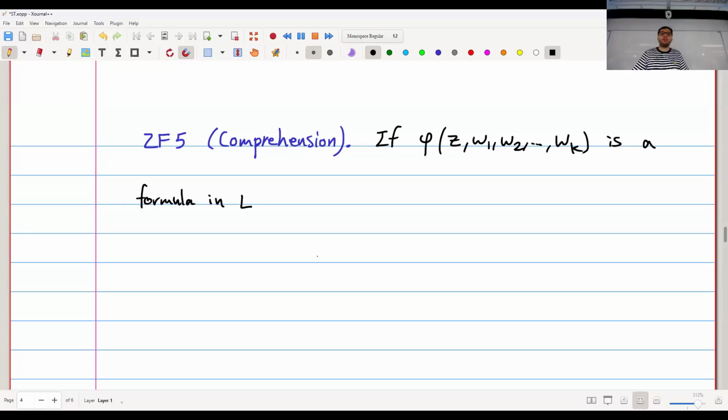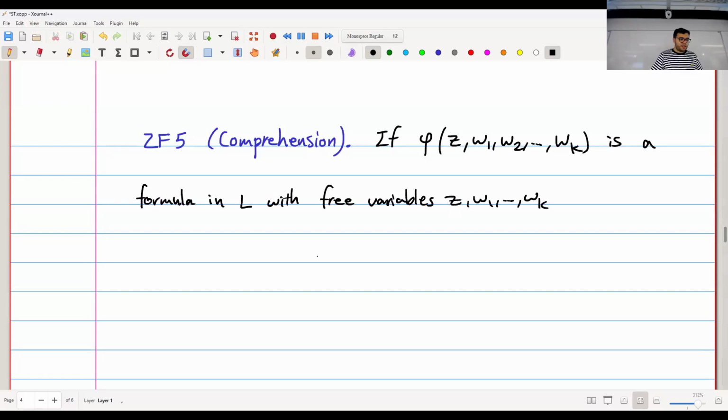So I can evaluate this formula when I know z and w1 to wk. So with free variables z, w1 to wk.